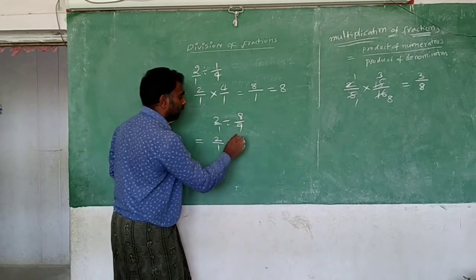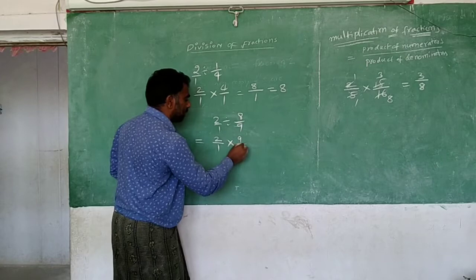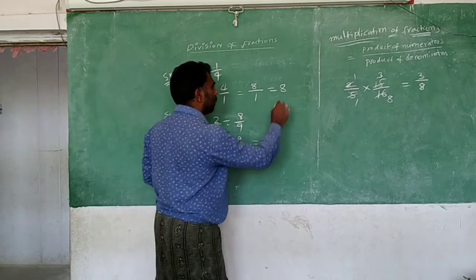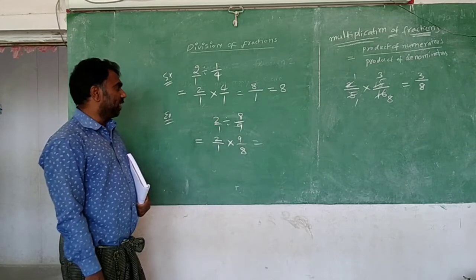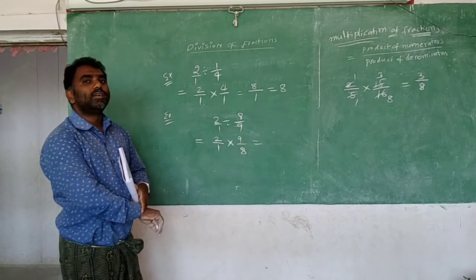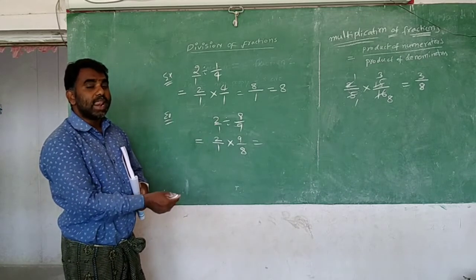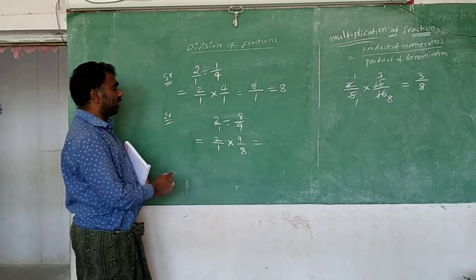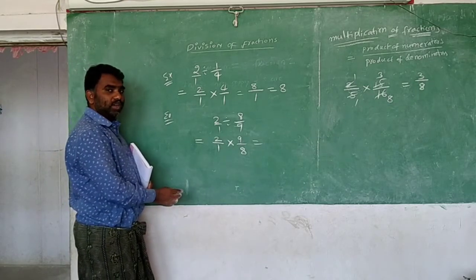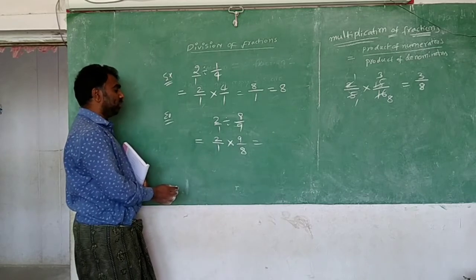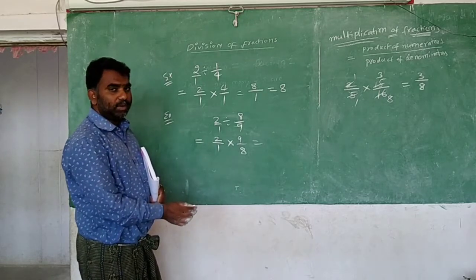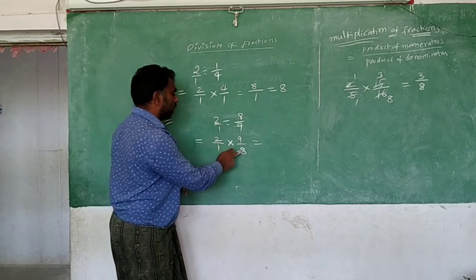Reciprocal means you know that, exchange like this. Now do the multiplication. When we are doing the multiplication, I told you the method: first try to cancel. See the cancellation here. Yes, here we can check and find that two numbers come in the same table, which are 2 and 8.